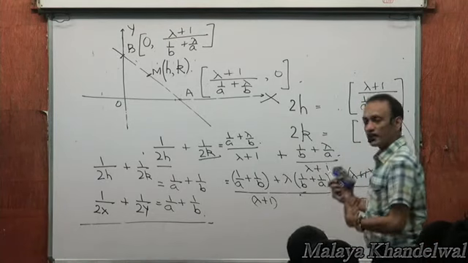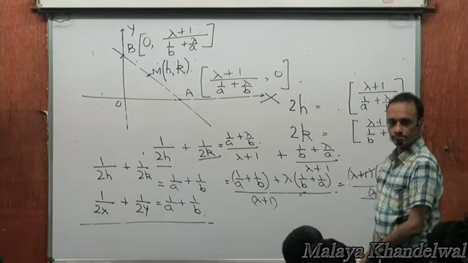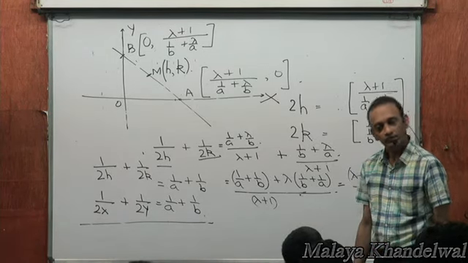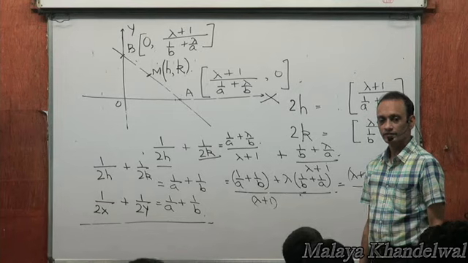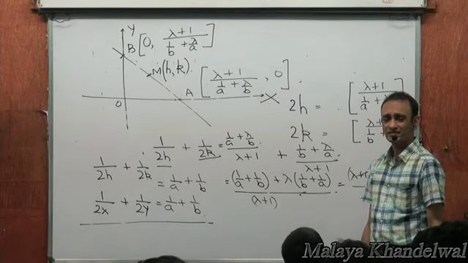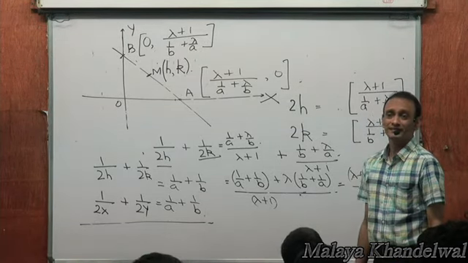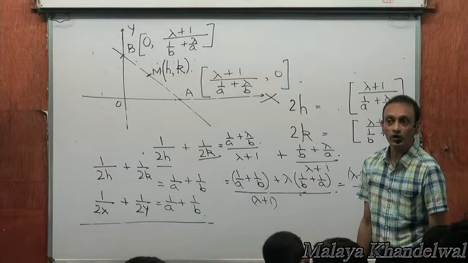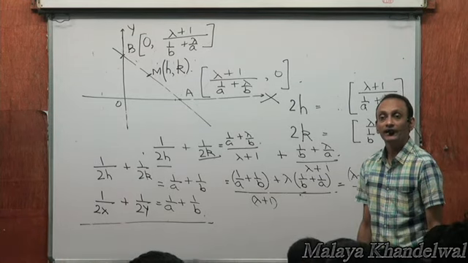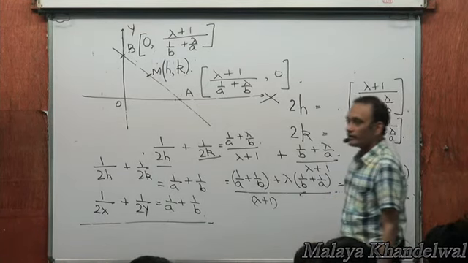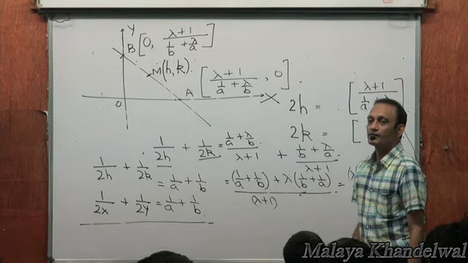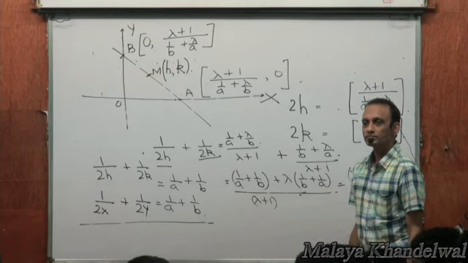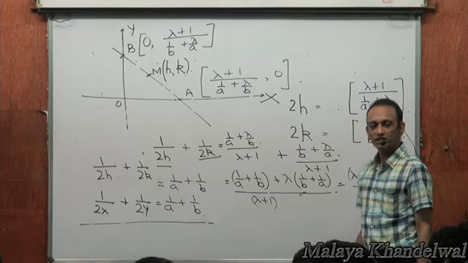Now, can I wipe this? Yeah, you solve for the point of intersection in terms of a and b. Okay, that's fine.